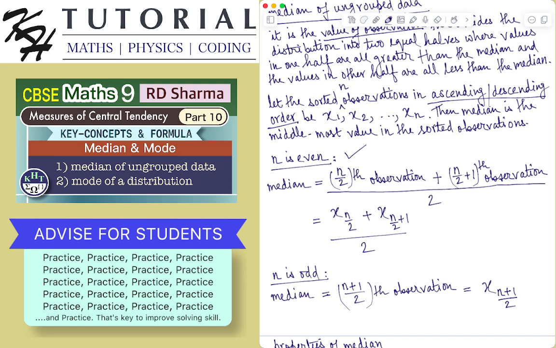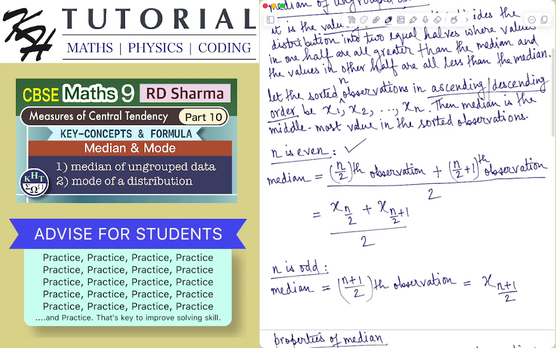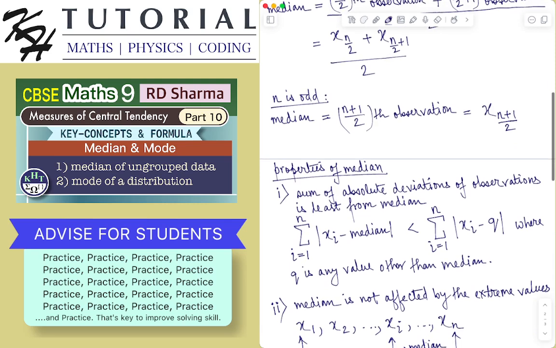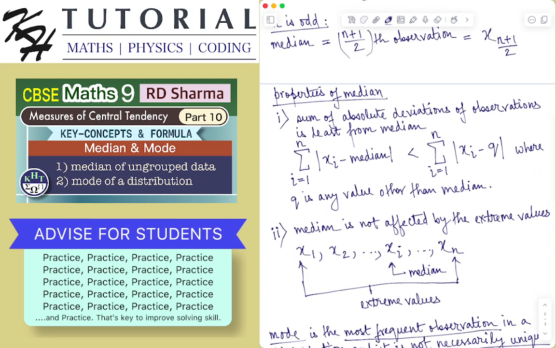Whereas if you sort the observations in descending order, then all the values to the left of the median will be greater than the median, and all the values to the right of the median will be less than the median. Even in that case, the number of observations to the left and right of the median will be equal.